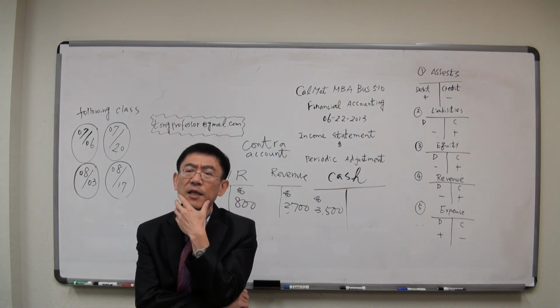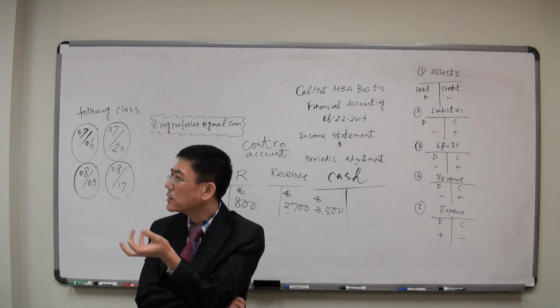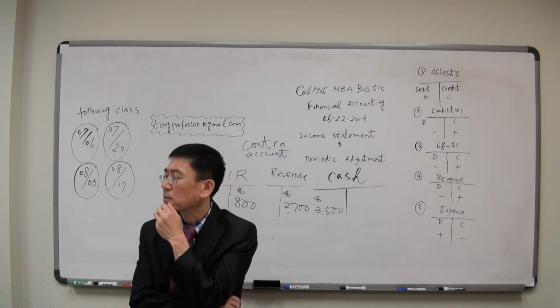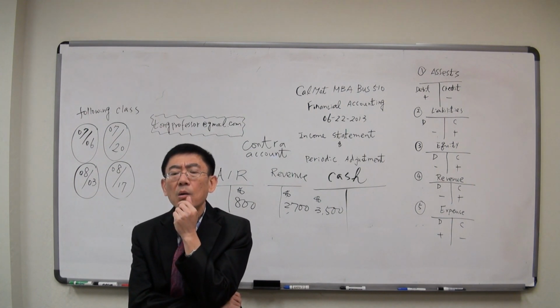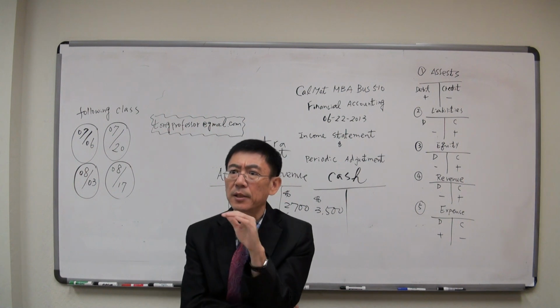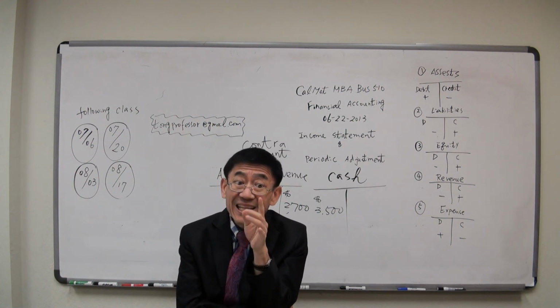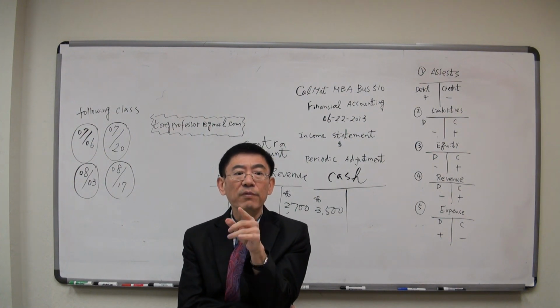What is the significance there? Why shouldn't we say this is income after tax? How come we always just stop there and say this is income, or we can even say this is net profit before tax?